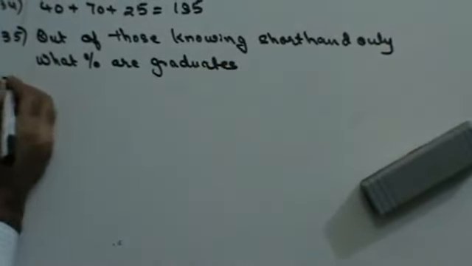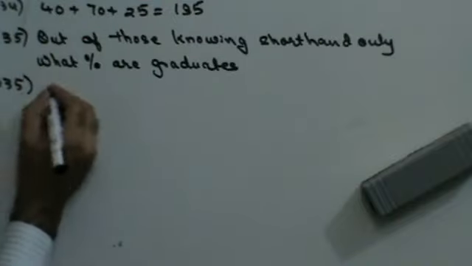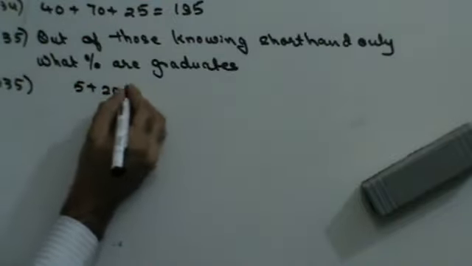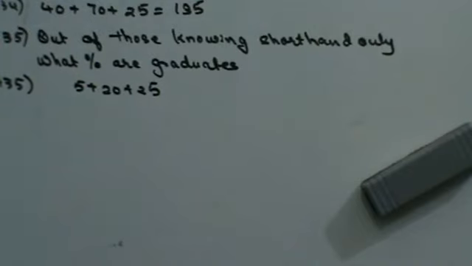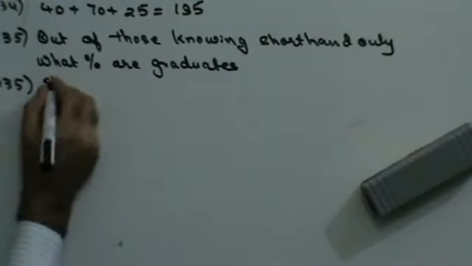Now, shorthand only and graduates is going to be 5 plus 20 plus 25. These are those who know shorthand only and are graduates.